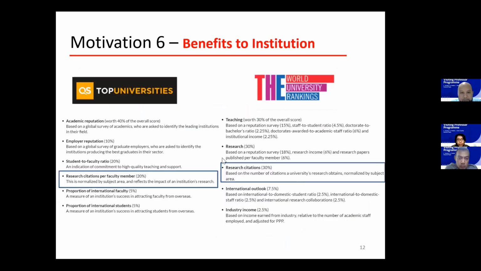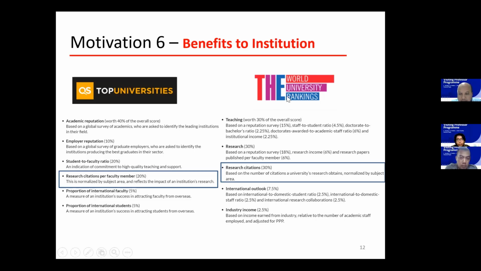For example, QS top ranking university, on the left side here, you can see the breakdown of the marks that they give: academic reputation, employer reputation, student to faculty ratio, research citation per faculty member, proportion of international faculty staff, proportion of international students. So one of them here is research citation per faculty member. So the total citations divided by the faculty members.